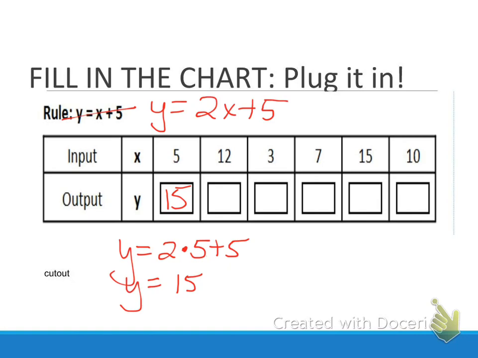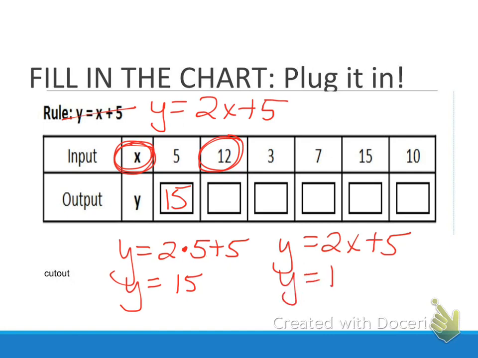All right, let's do the next one. So let's do it with the number 12. So we have y equals 2x plus 5. This is the original equation, right? And so where x is, we're going to put in the number 12 because that's what it says right here. So y equals 2 times 12 plus 5.